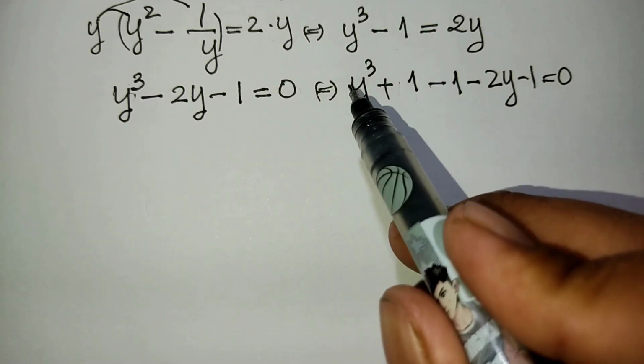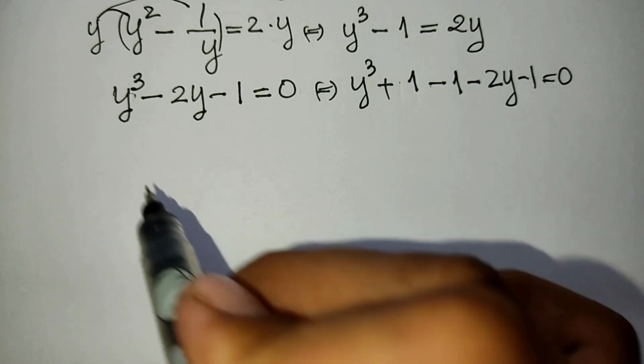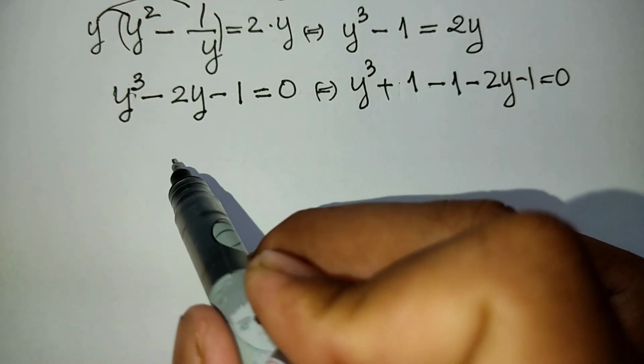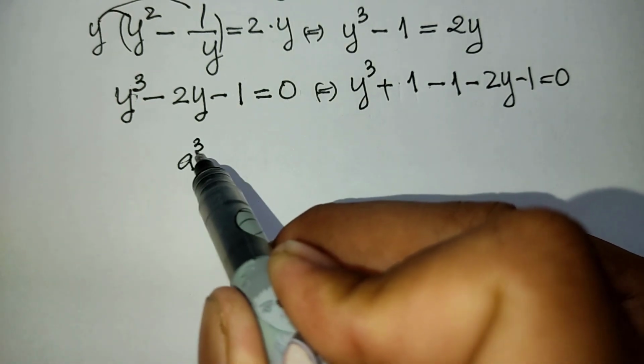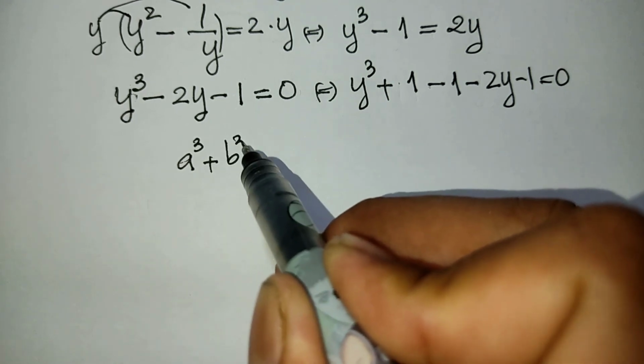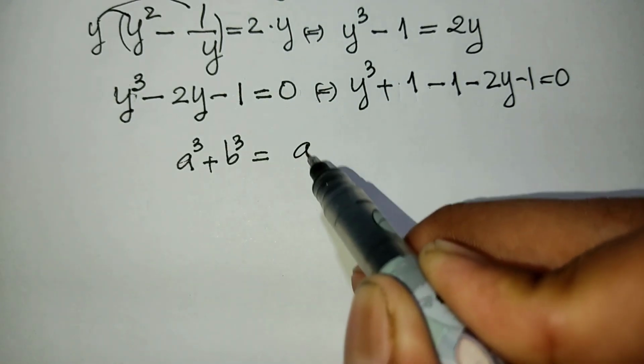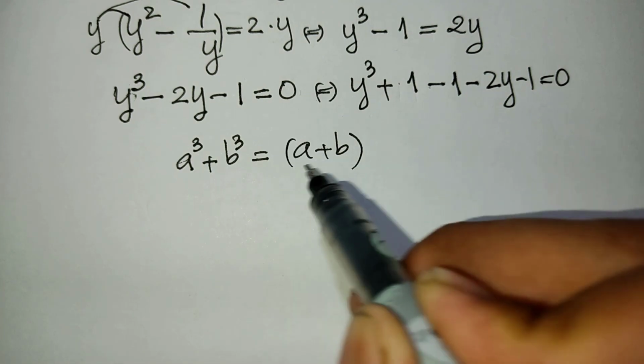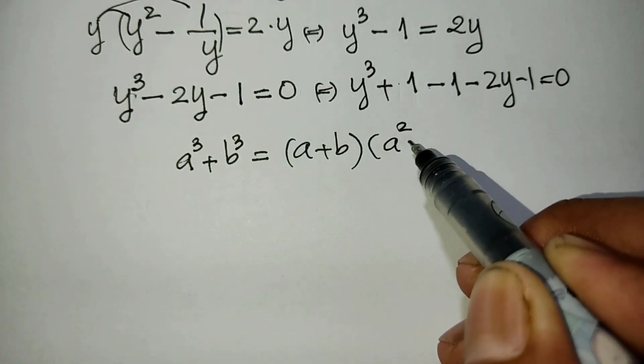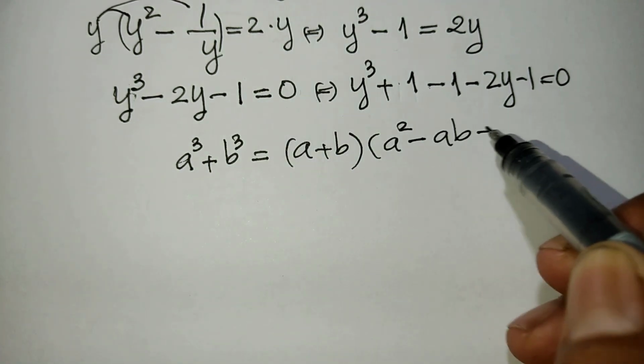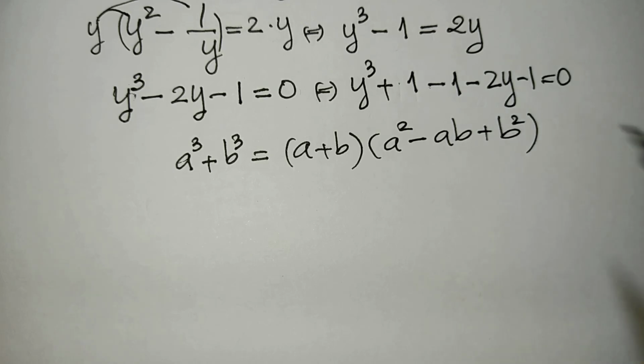So now for y power 3 plus 1, we use the formula that a power 3 plus b power 3 equals a plus b times a squared minus ab plus b squared.